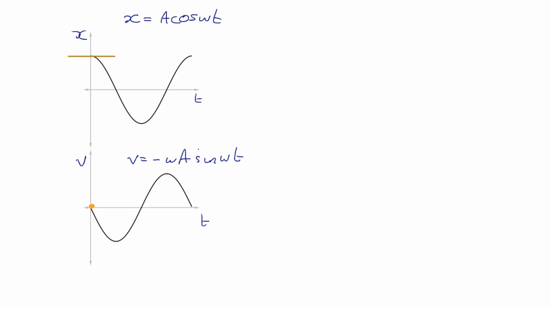Let's look a little bit later. At a quarter of the way through the cycle, the gradient is looking something like this. It's pretty steep, and it's negative, so it's a maximum negative value. Bang, velocity, maximum negative value, and so on. So hopefully you can see that it's true indeed that the velocity graph that we've produced is the gradient of the displacement time graph.